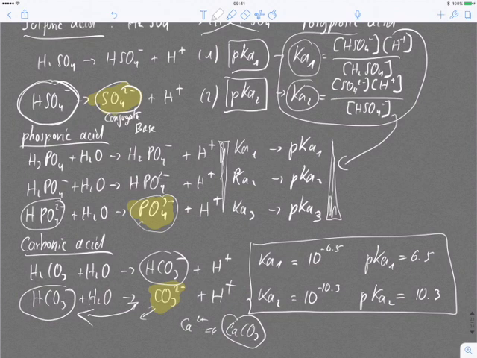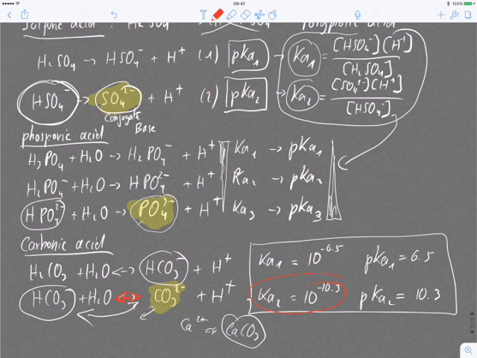It can compete with the water to get some H+. So in this case, I should write this relationship as an equilibrium, meaning because this value here is pretty low, you can have an equilibrium between carbonate and bicarbonate.